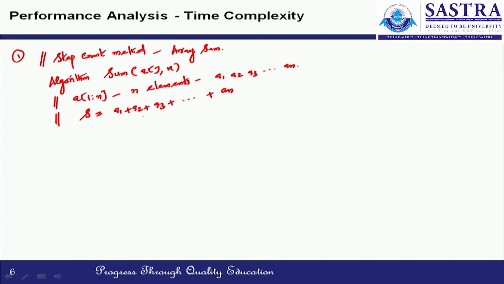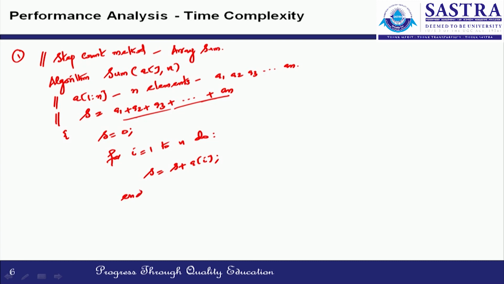To find this expression, let us define the initialization S is equal to 0. Then defining the for loop, for i is equal to 1 to n do. Then we will write S is equal to S plus A of i.